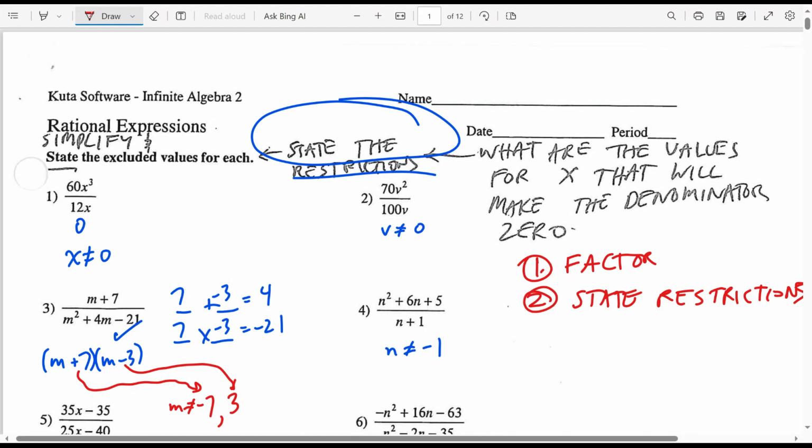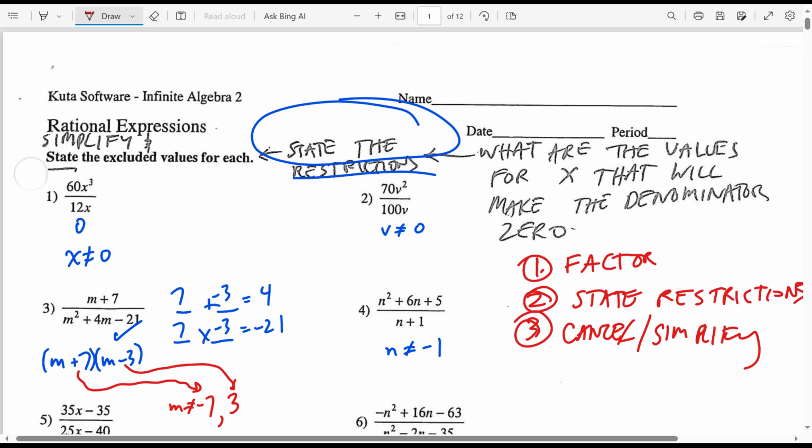State restrictions. Reason being is I want to do that before I get into cancel and simplify. Because even if, like if you look at this guy here, once I got m plus 7, m minus 3, if we were just at the simplify stage right now, what could cancel here?